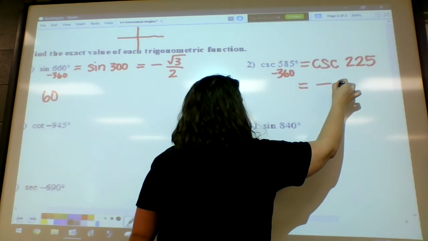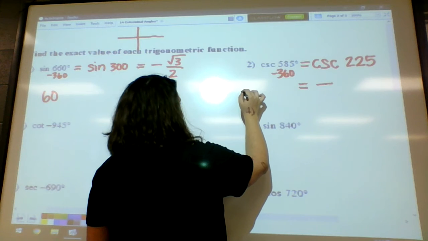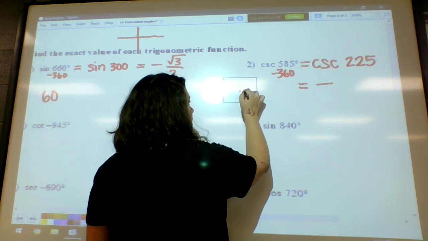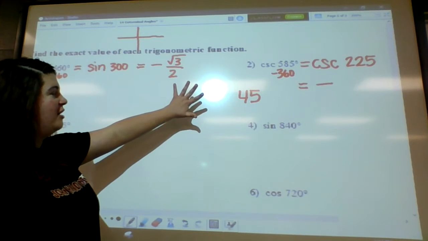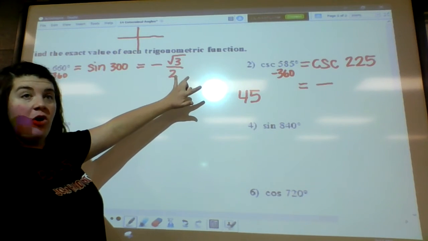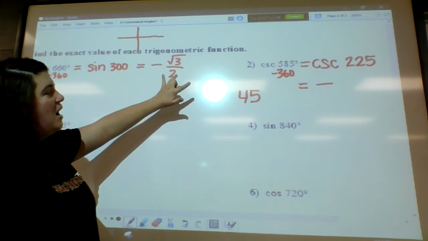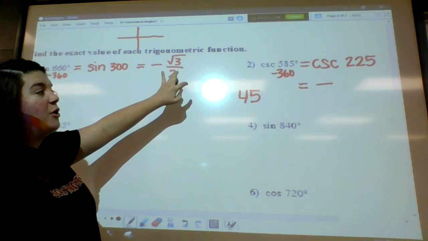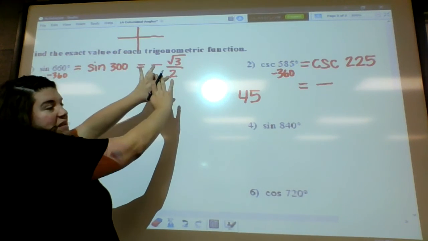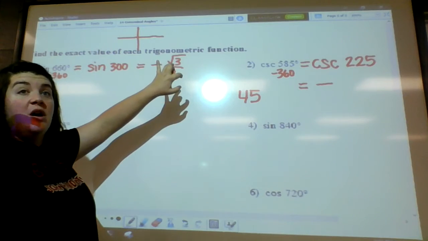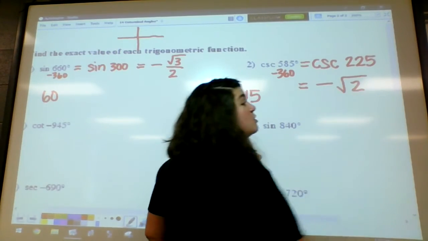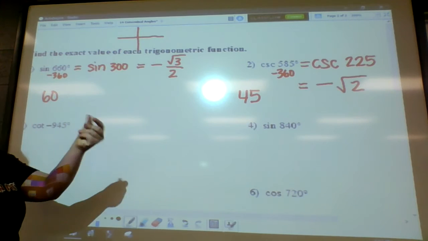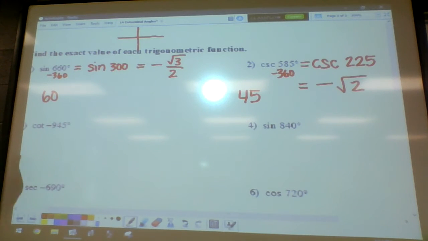It is negative. And then what angle are we going to reference? A 45-degree angle. If you think about your little hand thing, 45 is the one in the middle. Cosecant is the reciprocal of sine, so it's the reciprocal of square root of 2 over 2, which is just the square root of 2. So here's where knowing your reciprocals comes in handy, because then you don't have to think about them or write them down.